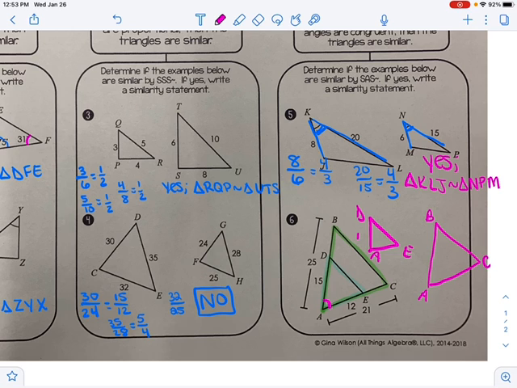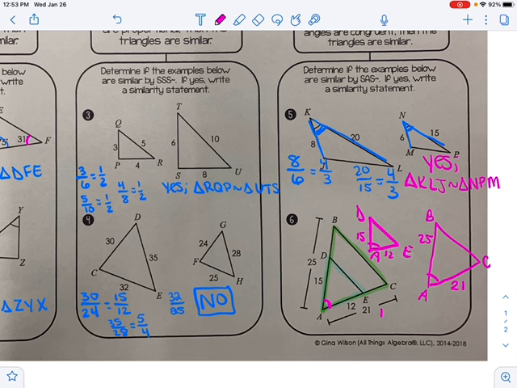It said AD was 15 in the picture, and AE was 12. AB was 25, and AC was 21. So the fact that they both have that same angle A, I can mark angle A as a shared pair because the reflexive property says something is equal to itself. And then I have to test the sides.